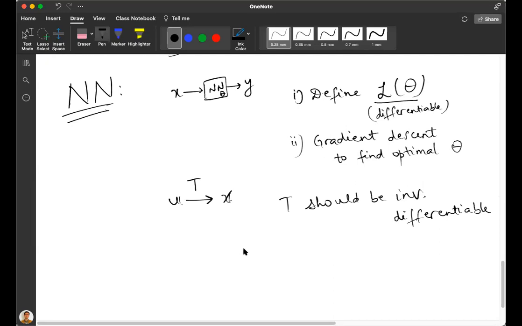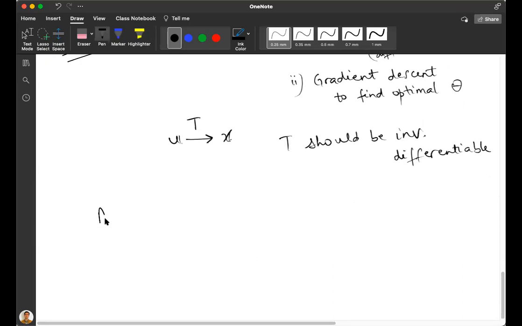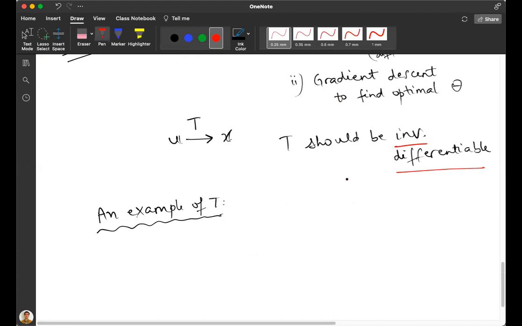For your ease, I have taken an example of T, which satisfies both these properties, invertibility and differentiability. Okay, tell me a simple invertible function you can think of.